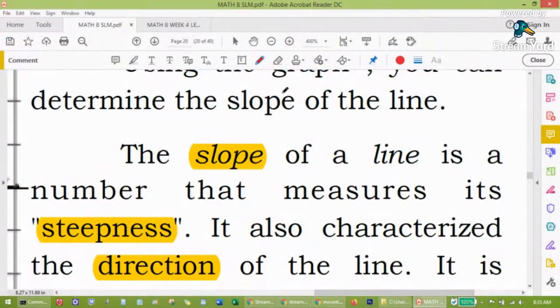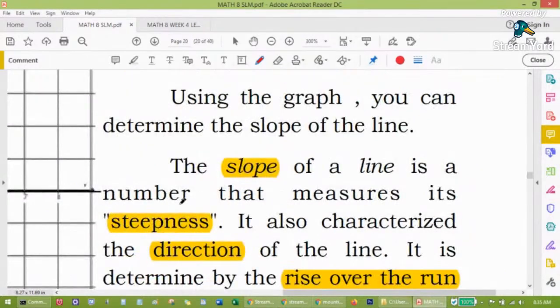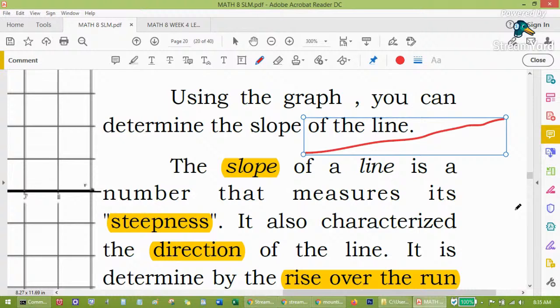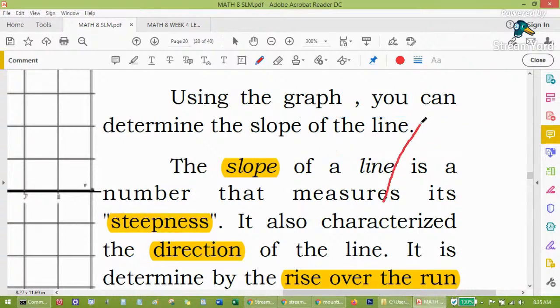Okay? So, yung slope is the measure, yung sukat ng steepness and direction. Ibig sabihin ng steepness, kung meron kang linya na horizontal, okay? So, 0 yung slope. Merong slope na ganito, yung masyadong matarik. May slope naman na ganun, napakatarik.